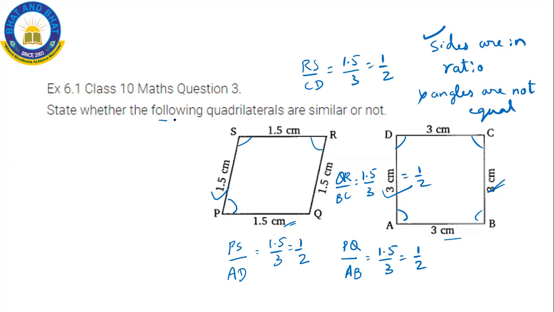Therefore, the quadrilaterals are not similar, because the shape is not the same. The shape is different. That is the sole reason the similarity is not satisfied.